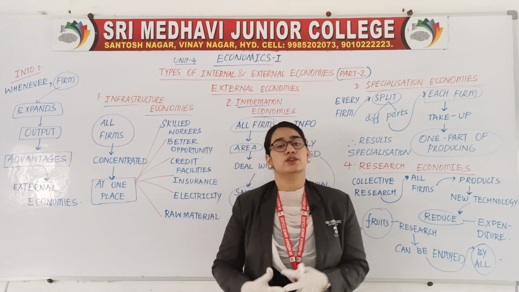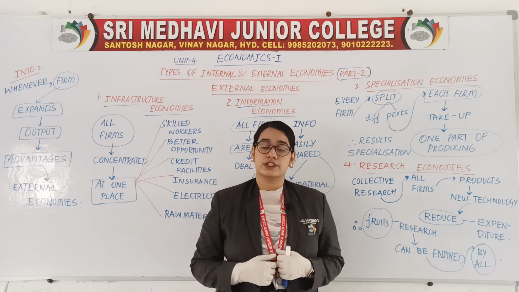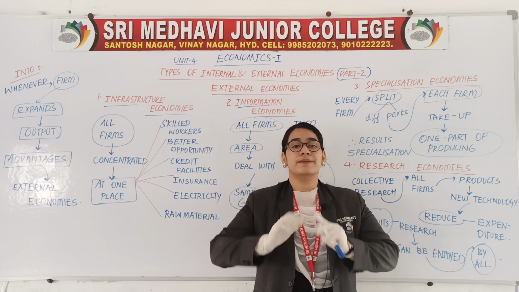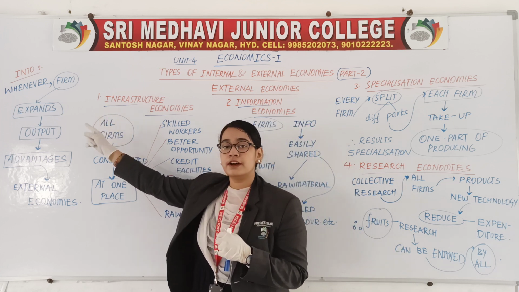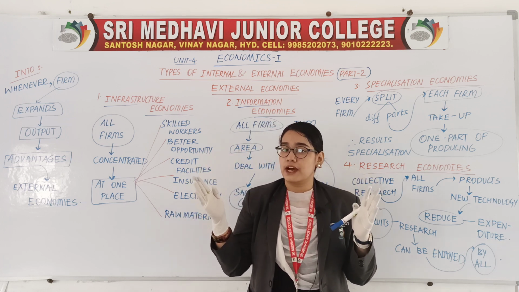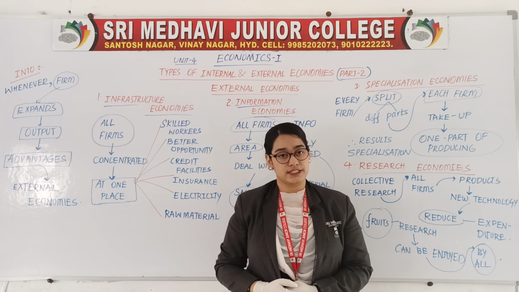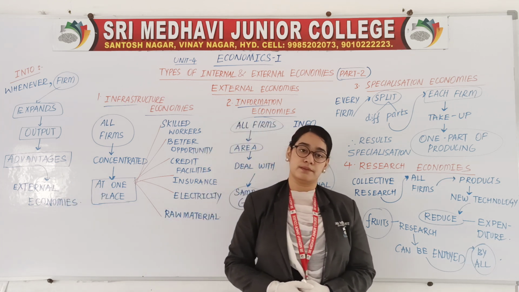You can manufacture those products in how much quantity you want. But the condition here is, whenever a firm expands its output, it is going to get certain advantages. Those advantages are called external economies.